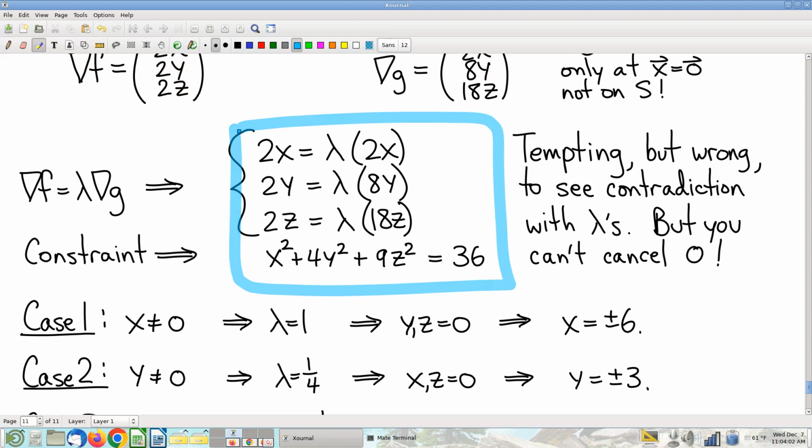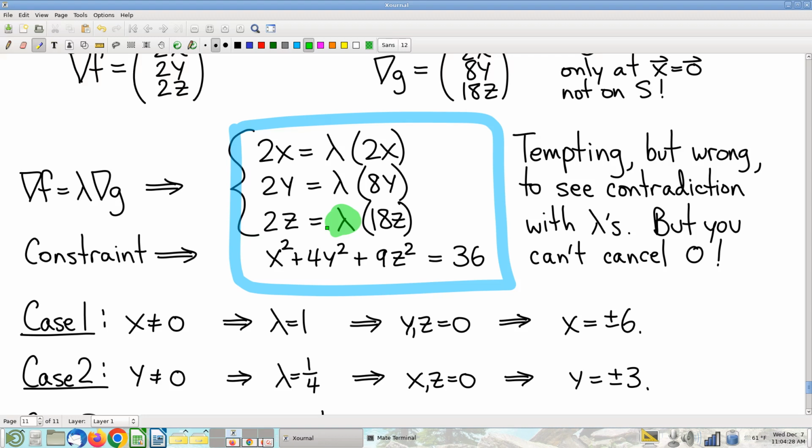Here's what a lot of students do wrong. A lot of students will look at this and say, okay, clearly lambda has to equal 1. Solve for it, cancel the x's, what have you. But also lambda clearly has to equal a 4th, and also lambda clearly has to equal a 9th. This is a contradiction. Lambda cannot equal 3 different numbers at the same time. So, no critical points.